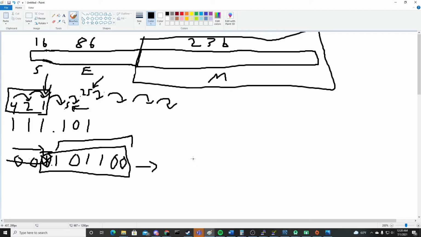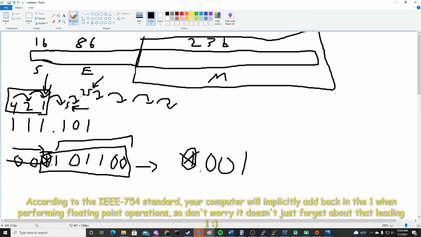So let's just say we had a number like 1.001. Since we know that this is always going to be a 1 in normalized form, when I say forget, I don't mean that we don't use it at all. After the fact, we add it back on. So we can add it back on after we're done with our floating point addition or whatever it might be that we're doing.